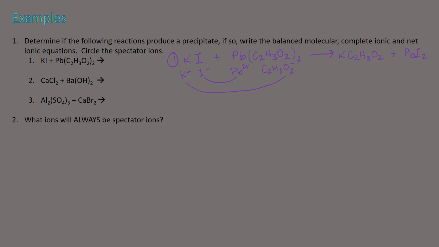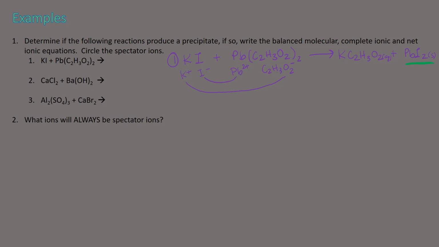All right, so if I look at the solubility rules, acetates are always soluble, so this one is going to be aqueous, and this one is going to be solid because halogens are insoluble with lead, silver, or mercury. So this does form a precipitate, and the precipitate is going to be the lead-2 iodide.